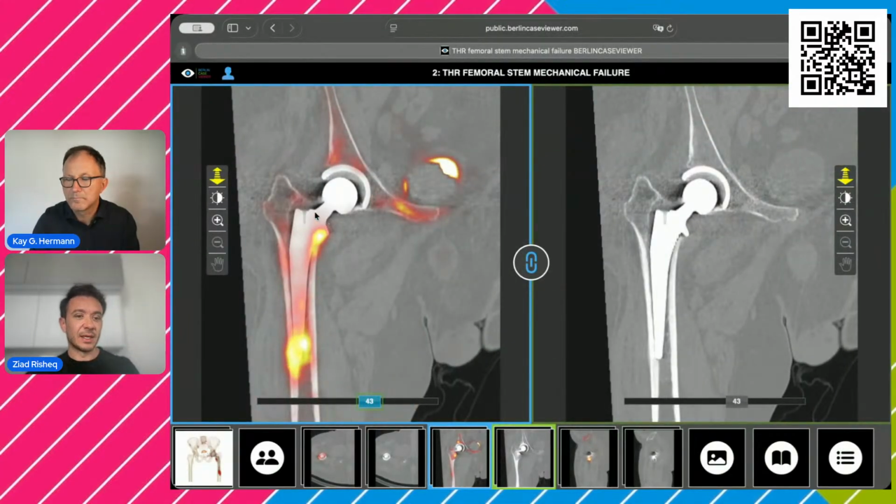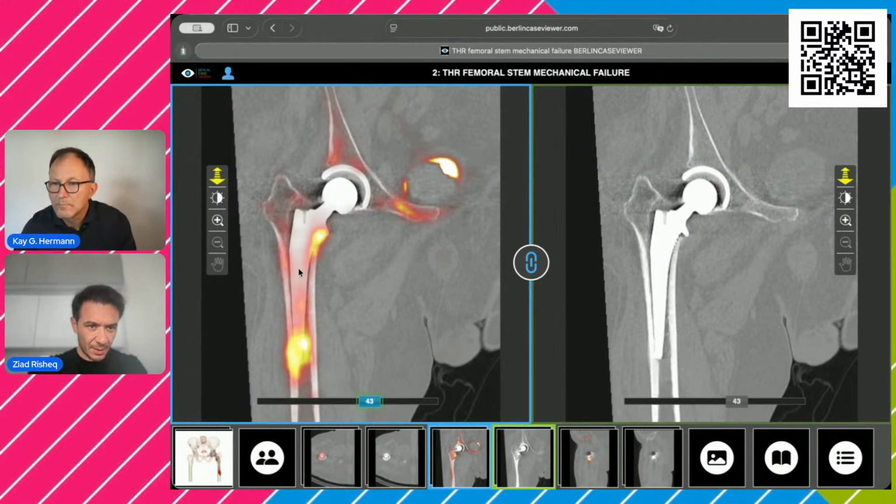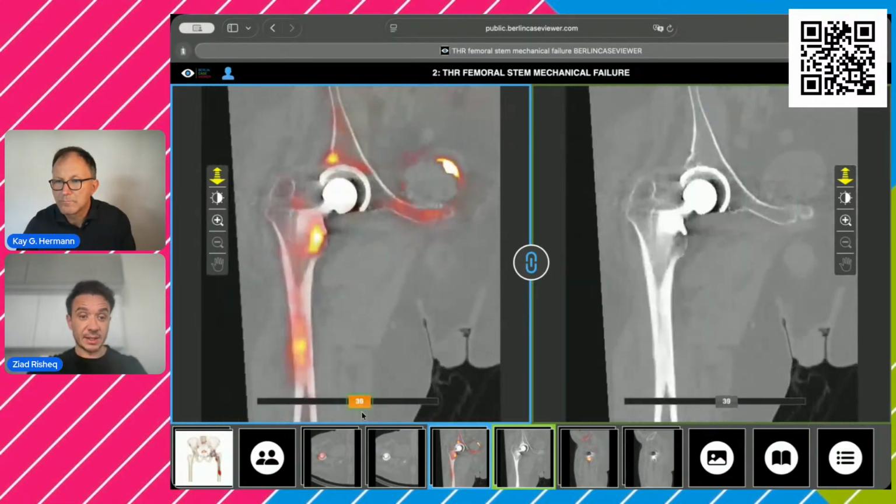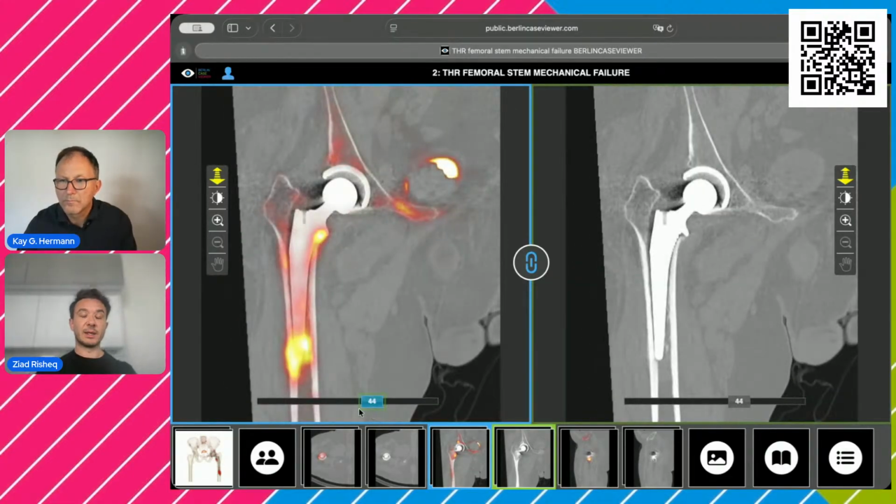You can see that the stem shoulder is somewhat low in position relative to the greater trochanter. This should be a bit higher in position. But you need to see the post-op X-rays to confirm that the stem has migrated to a more inferior or lower position, to confirm that there is subsidence.